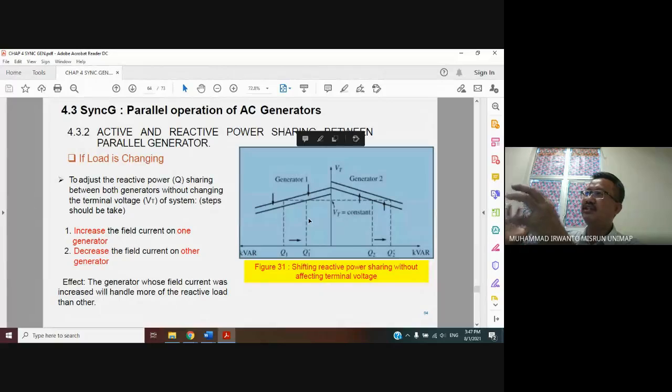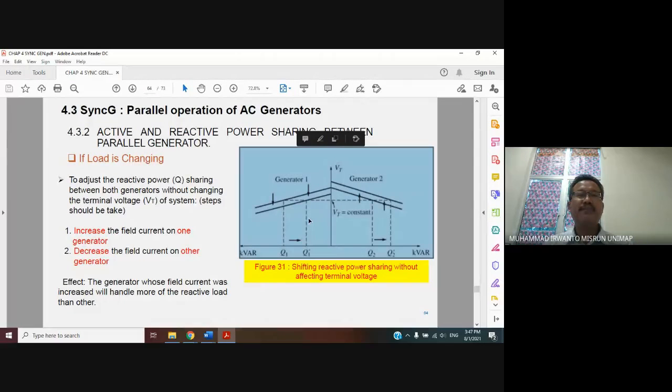The two generators' excitation systems should be controlled automatically to balance how much field current is injected into the rotor winding, to fix the terminal voltage of both generators at one peak value, for example 13 kV.